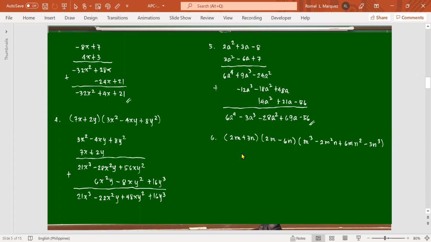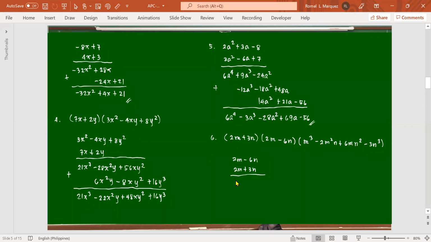First, the first two factors, 2m plus 3n and 2m minus 6n, multiplied. Or whichever comes first.